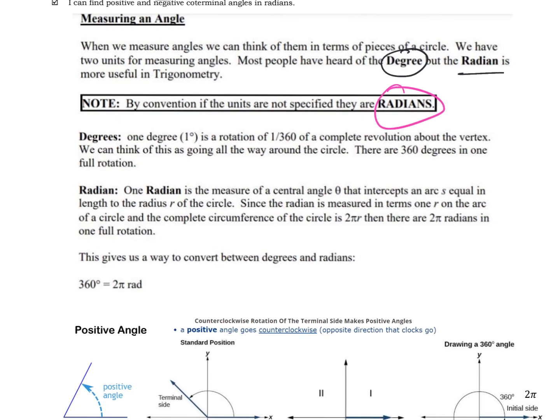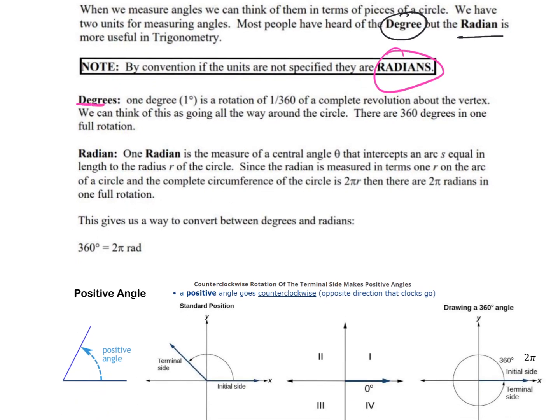They use radians. So the degrees, we know that it is measured out of 360 degrees, which is all the way around the circle. And the radian has to do with the central angle that intercepts an arc S equal to the length of the radius.